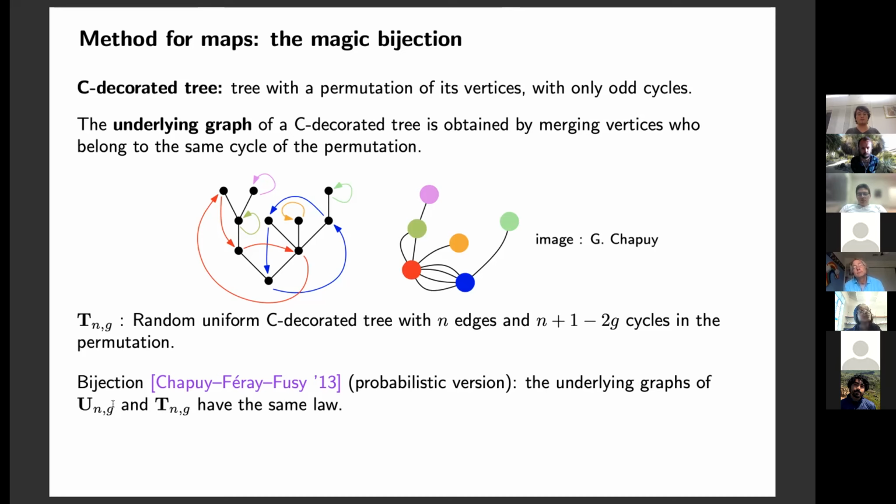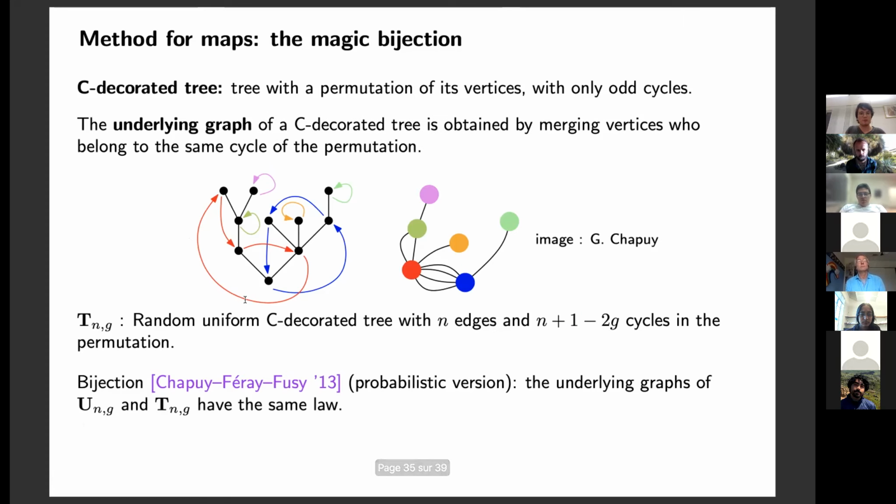So it doesn't preserve a sense of topology, but it preserves the underlying graph. And for us, we do not care, because we're just counting cycles. We don't need more information than this.